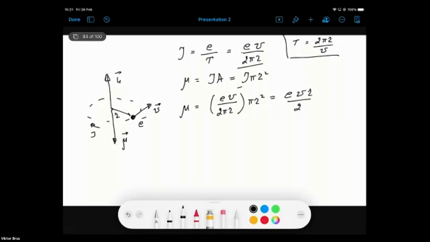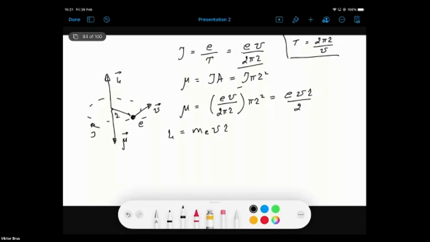From another side, we can express the angular momentum absolute value as the product of the mass of the electron times v times r.